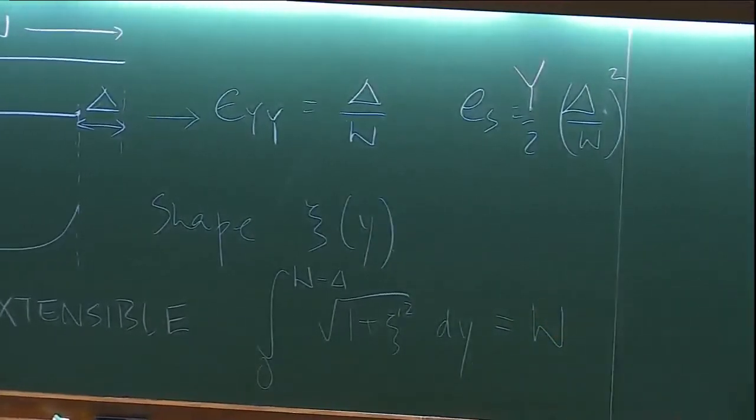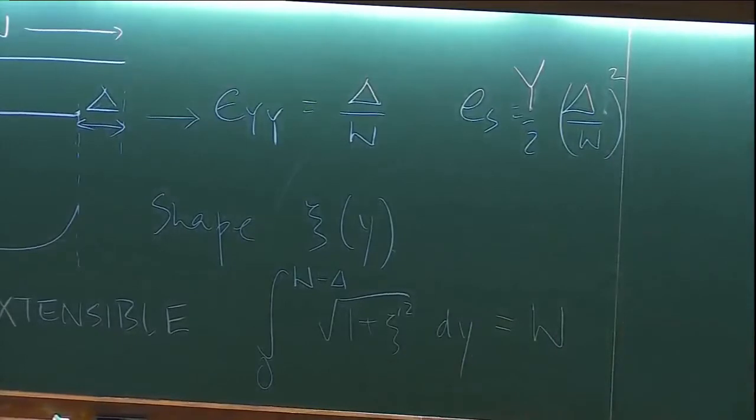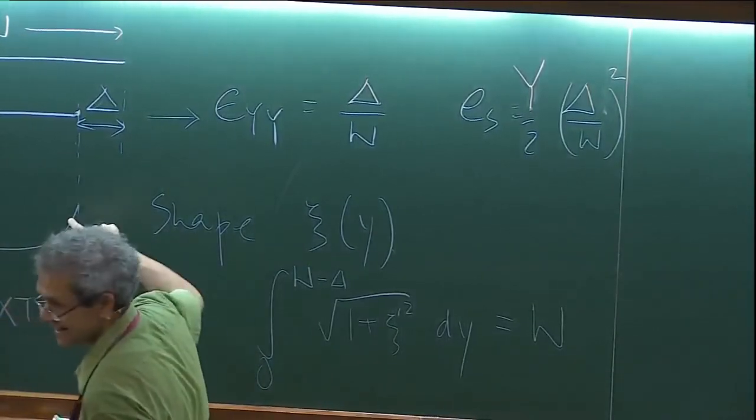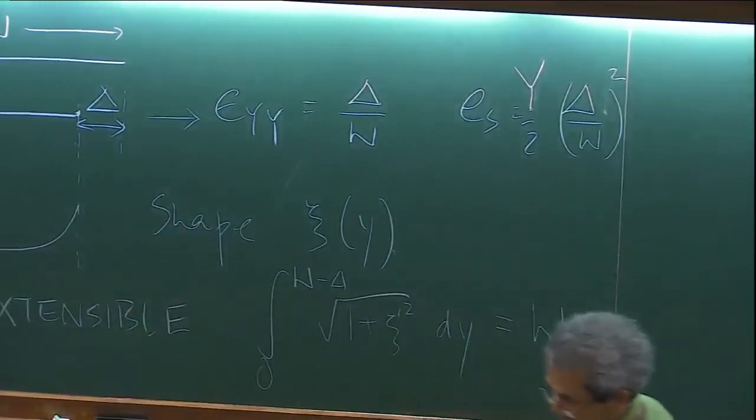That's what this means. Everyone happy? This is just integrating the length element over this. I'm just saying the contour length along here is the same as the original length. That's what I was trying to get at.